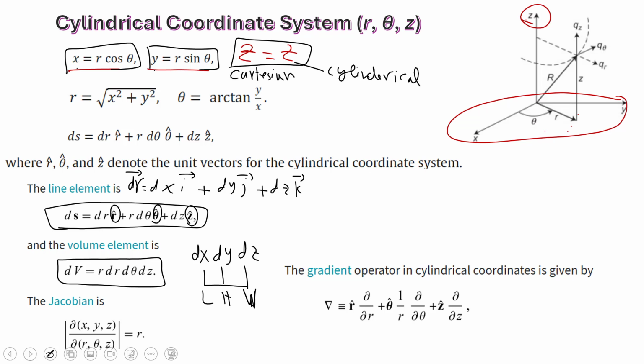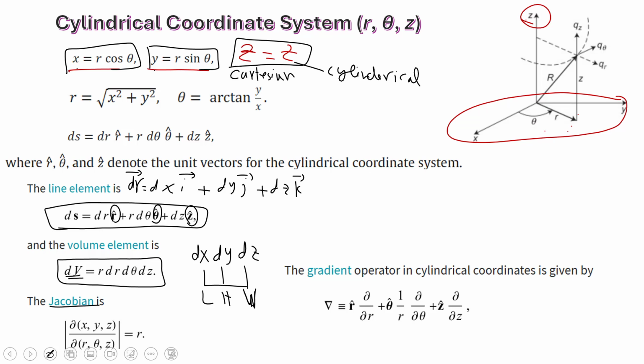In the cylindrical, dv is equal to r dr d theta dz, right? Here is the Jacobian, or the volume element.